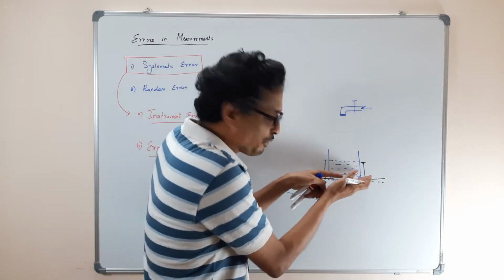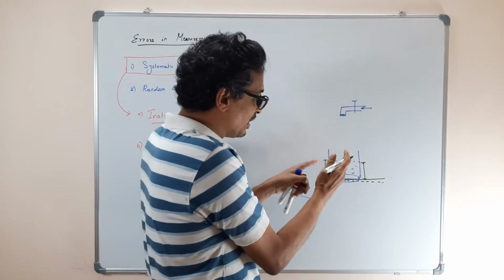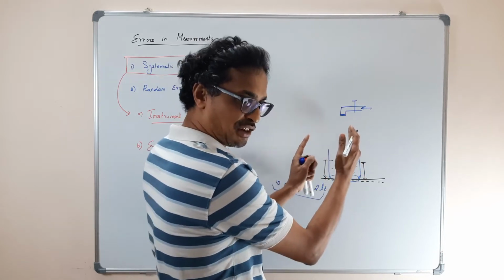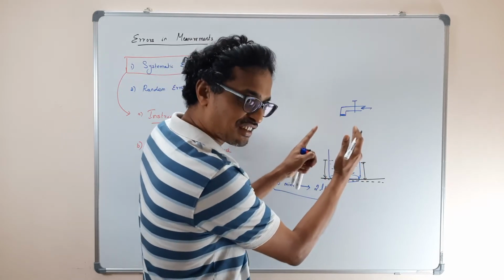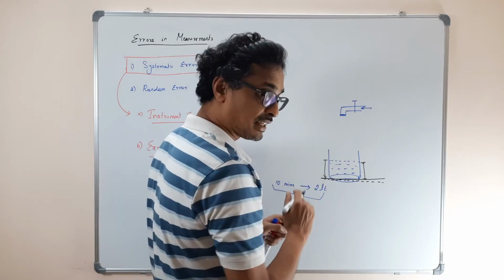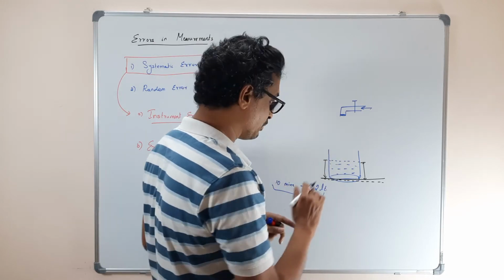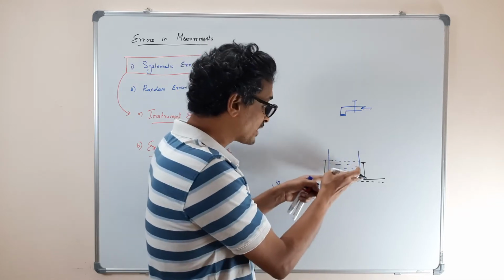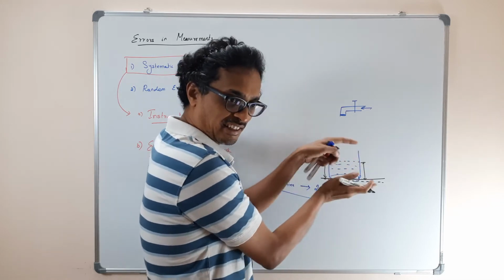Then you are not exactly calculating a right circular cylinder; you have to calculate a tilted cylinder. So this is another type of error. This is not because of your instrument. This is because of your experimental setup technique, what you are doing.